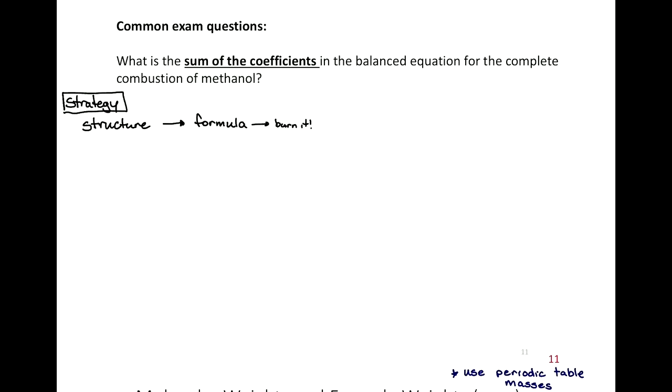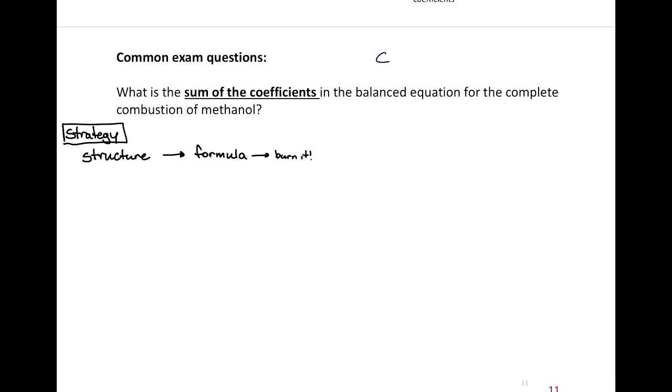So meth means what? 1 carbon, yes. Methanol, what does the -ol mean? That's an alcohol, yeah. So my strategy here is, okay, let's draw methane first. All right, so methane has 4 bonds to it. All of those are hydrogens, but to make it an alcohol, what do we do? Add an OH, we swap one of the hydrogens for an OH.